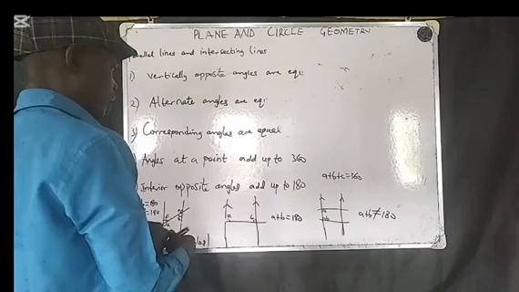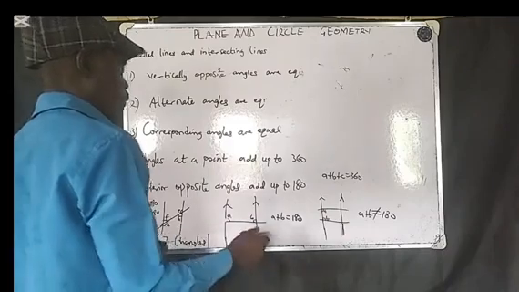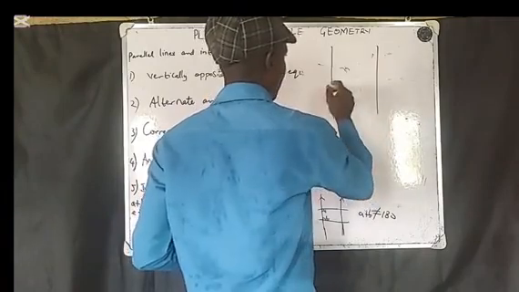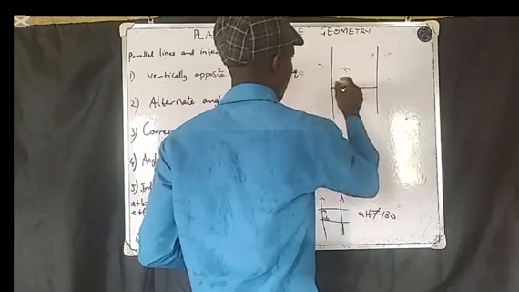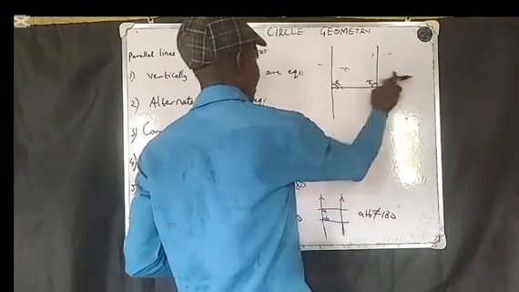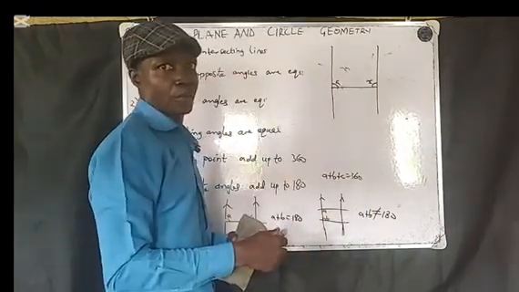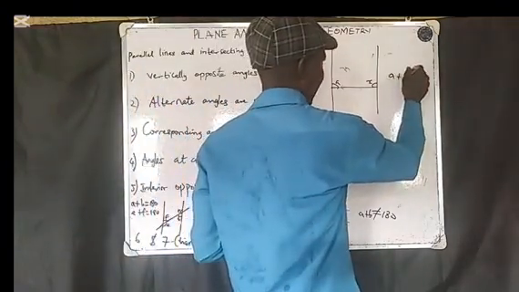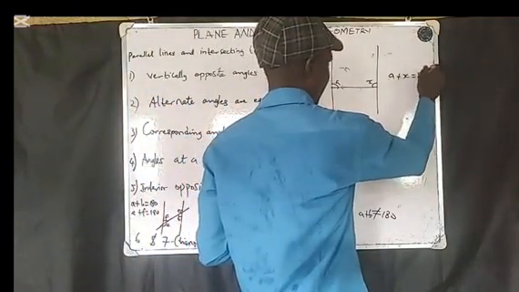Interior opposite angles add up to 180. Interior opposite could be drawn this way. A equals X. Interior opposite angles add up to what? 180. A plus X equals 180.